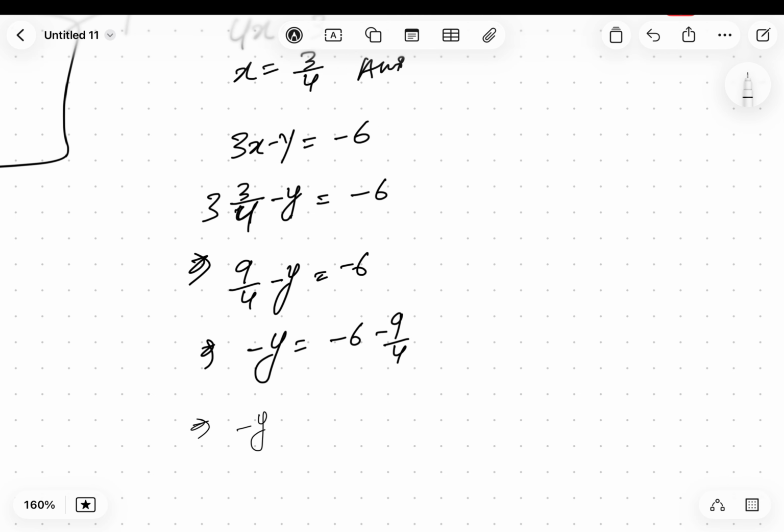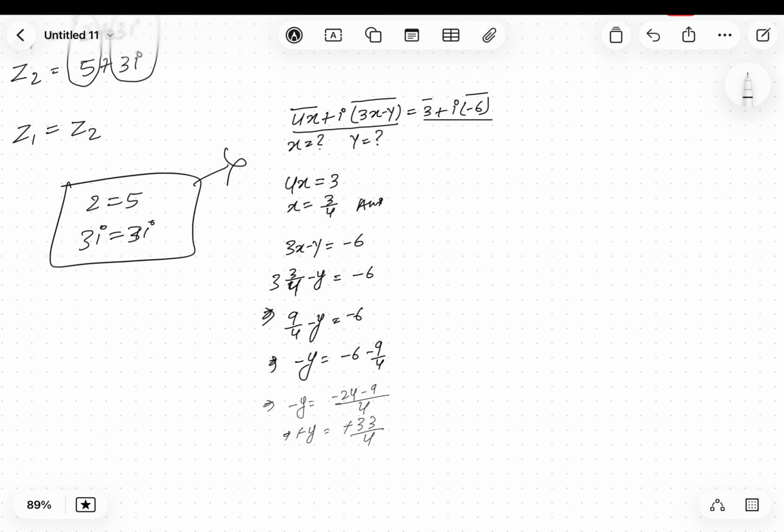Write it as minus y equal to (minus 24 minus 9) by 4, so minus y equal to minus 33 by 4. Minus minus cancel, so y equal to 33 by 4. So this is the answer.